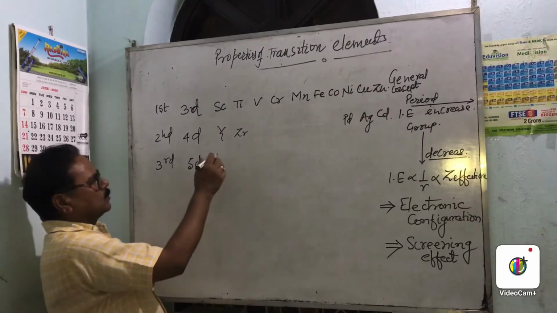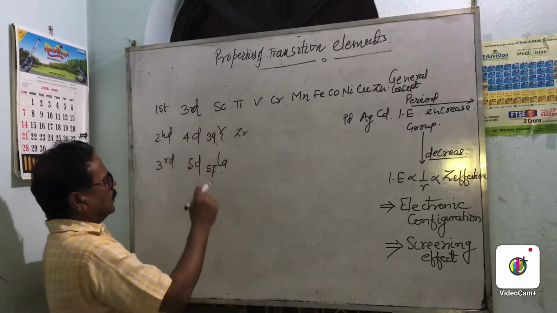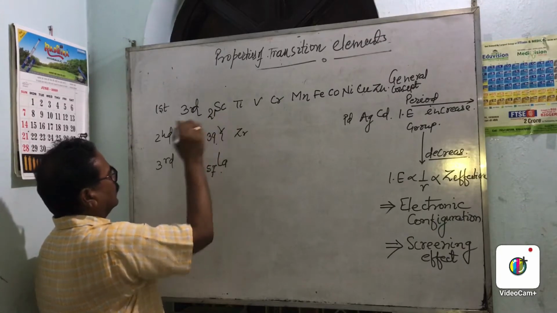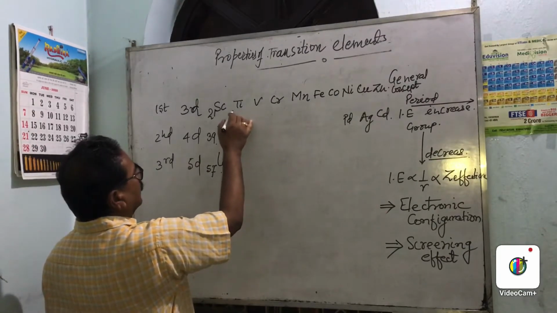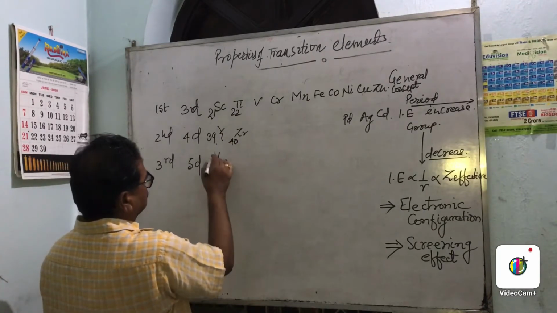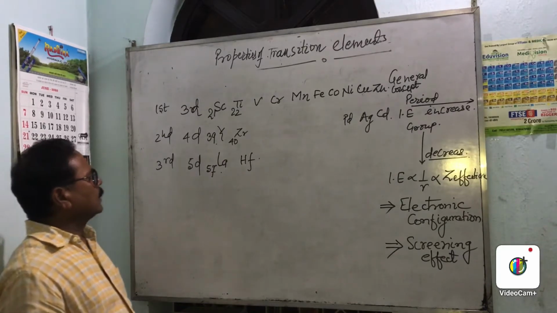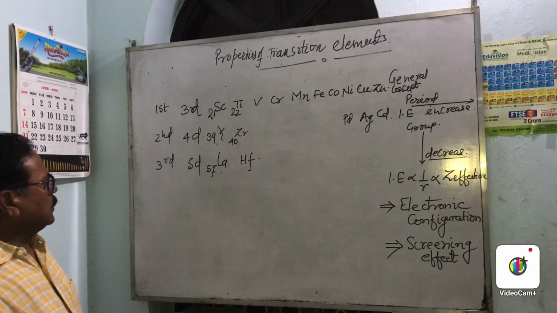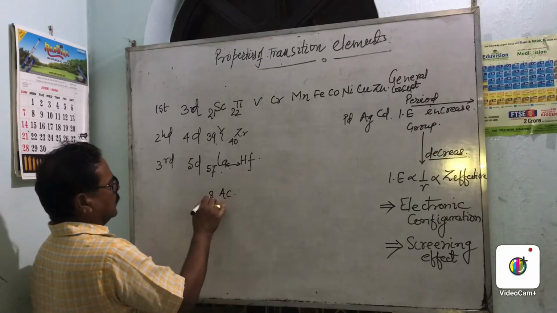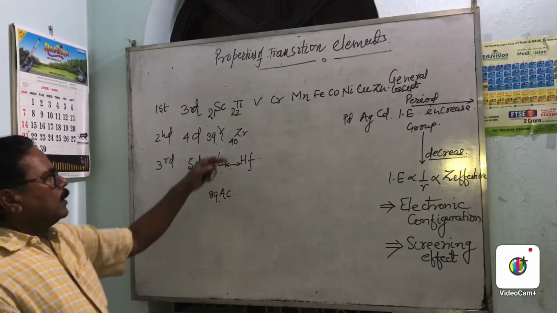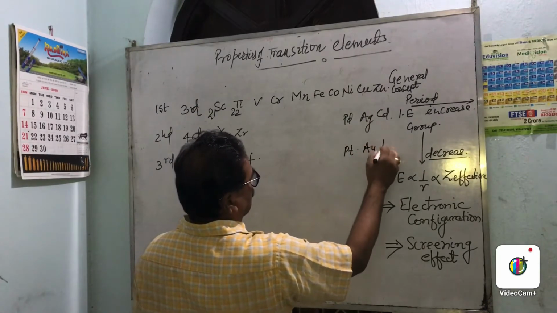We write here lanthanum, which is 57, this is 39, and this is 21, then 22, 40, and hafnium. Here are the lanthanides, and this is the actinides, 89. Here are nickel, palladium, platinum, and Ag, Au, and Hg.